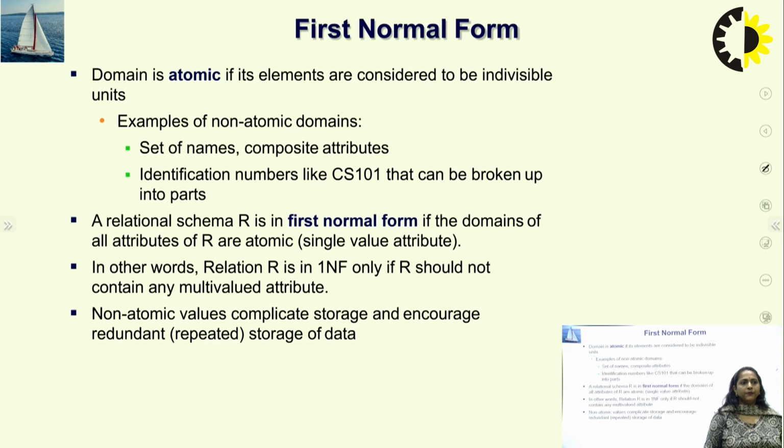For example, the non-atomic domains are set of names. Name can be decomposed, it's a composite attribute. Or the identification number, for example CS101. This can be broken into two parts: one is the department code, that is CS, and another is the serial number 101.